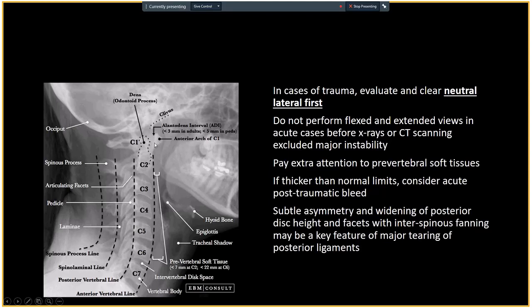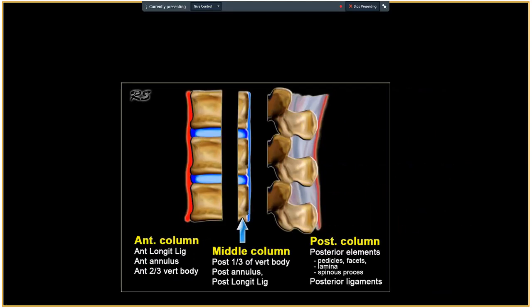In addition, on movement, if you perform stress views in adults, you don't expect any increase or decrease of the atlantodental interspace. In children, on the other hand, it may change by a couple of millimeters. There's a system that helps you predict whether spinal injuries are stable or unstable, and that's based on the Denis classification.